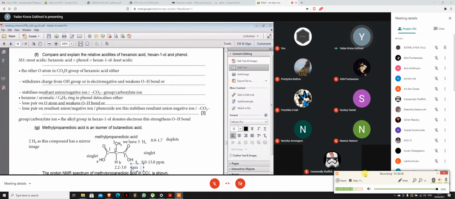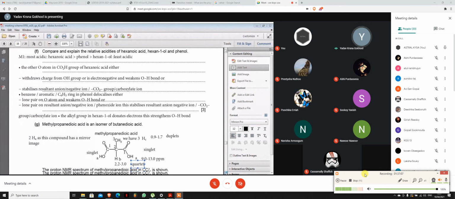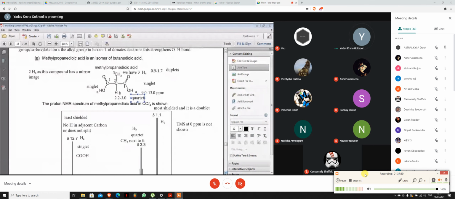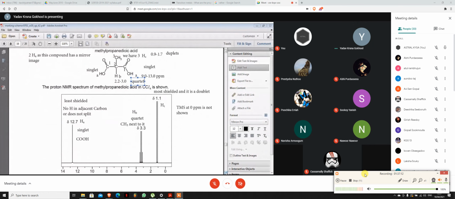Thus, this one should be quartet. Without looking at the graph, we have to come to these ideas at least. So you see, we have the doublet. Yeah, like I said, quartet.